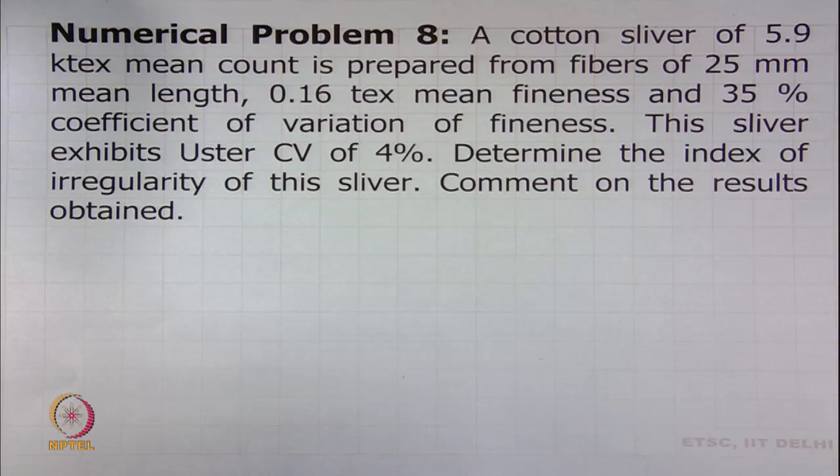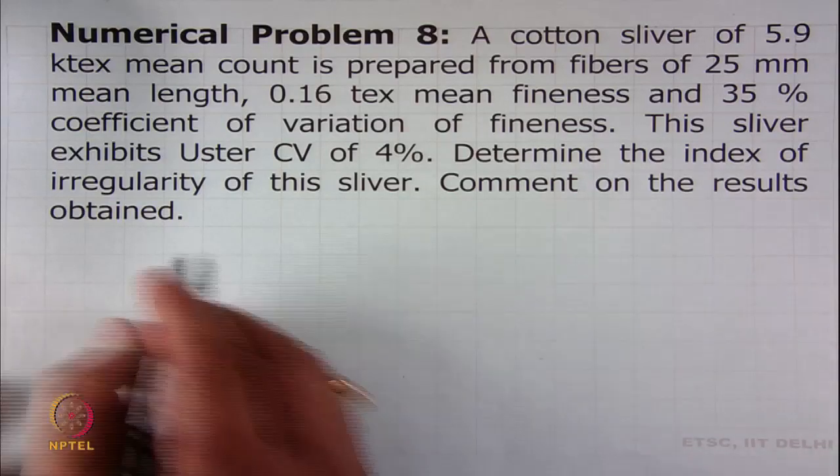This sliver exhibits Wooster CV of 4%. Determine the index of irregularity of this sliver, comment on the results obtained. So, this is your problem number 8. Let us see what is given.